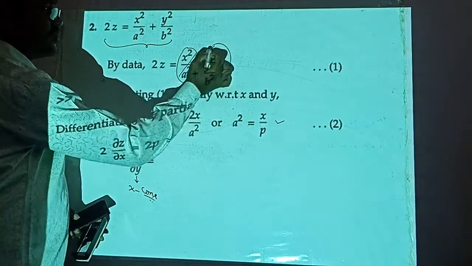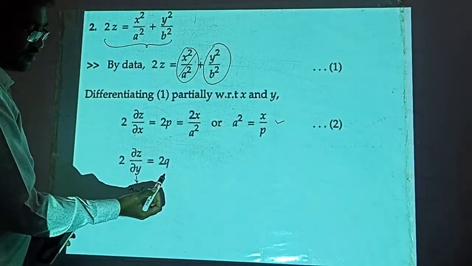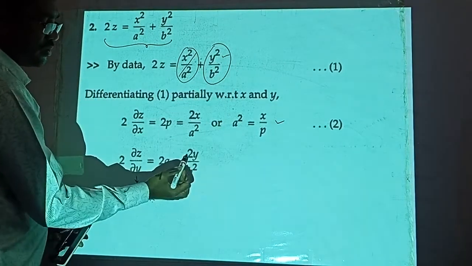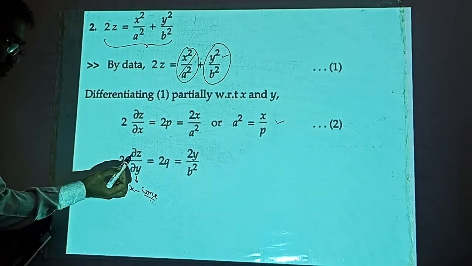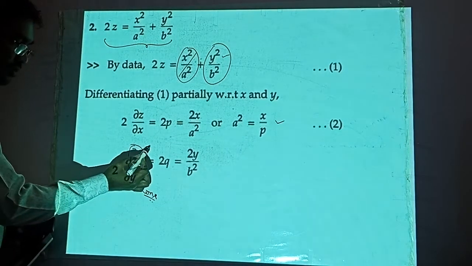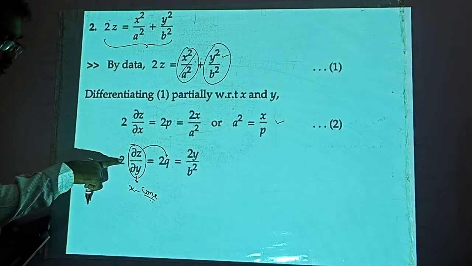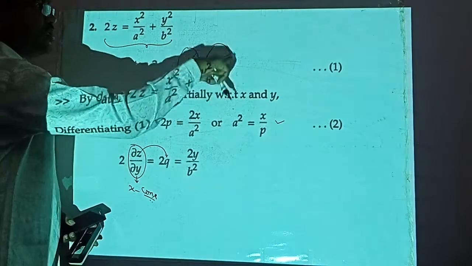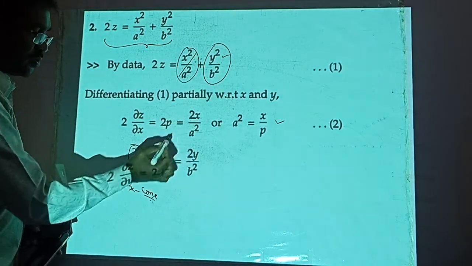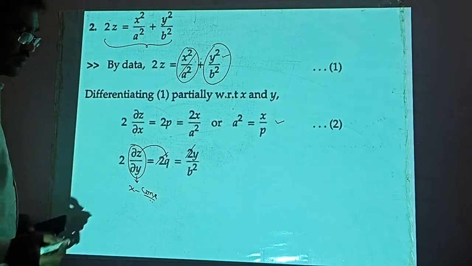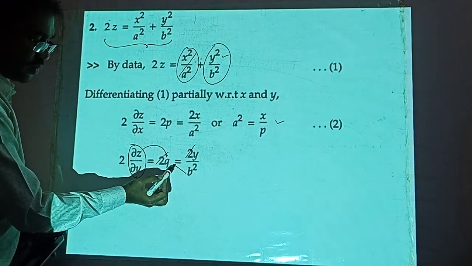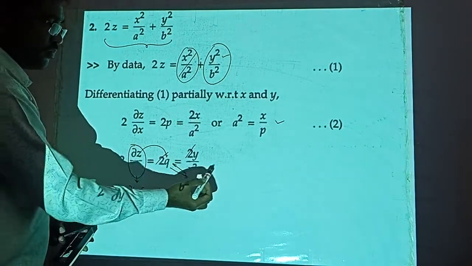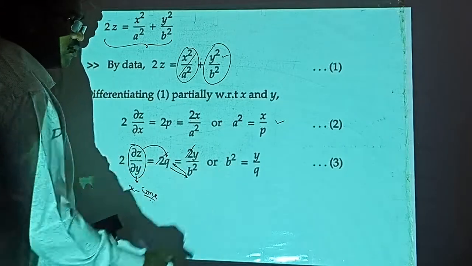Then the differentiation of this: dividing by b² will be constant, and differentiation of y² is 2y. We have called ∂z/∂y as q, so 2q is equal to 2y by b². As before, the 2s cancel, and then we cross multiply b² and q. So b² is equal to y by q.